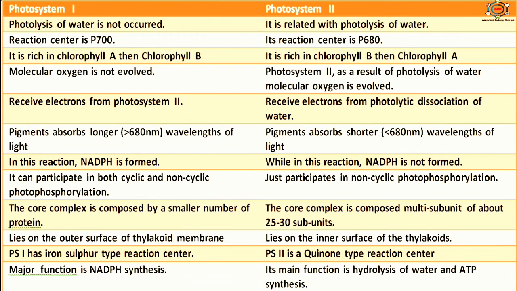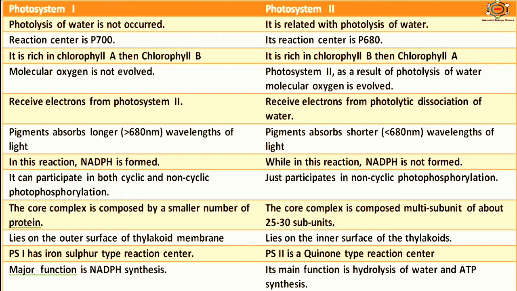After this, what are the main differences between photosystem first and photosystem second? In photosystem first, photolysis of water does not occur, while photosystem second is associated with the photolysis of water.